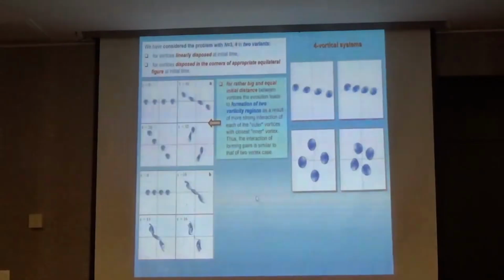For big and equal initial distance between vortices, the evolution leads to formation of two vorticity regions, as a result of stronger interaction of each of the outer vortices with the closest inner vortex. Thus, the interaction of forming pairs is similar to that of the two-vortex case.